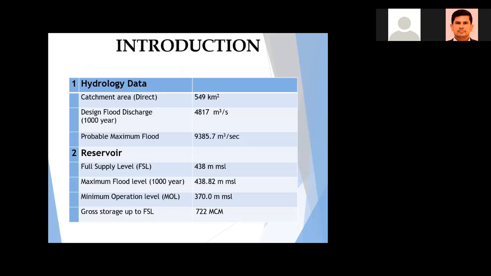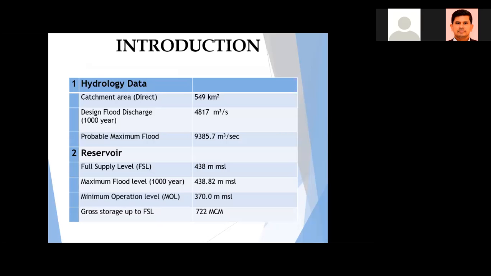And I will introduce some hydrological and reservoir data here. Direct catchment area is 549 square kilometers, and the design flood discharge. The dam is designed for the 1,000-year return period flood. You may all know how to design for the 1,000-year return period.